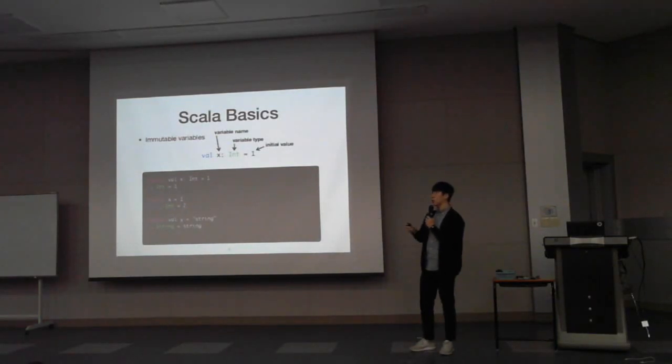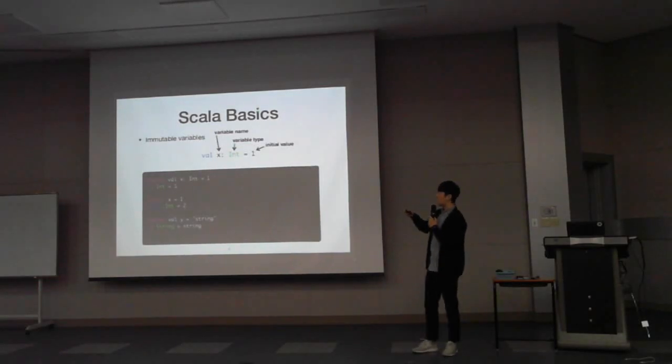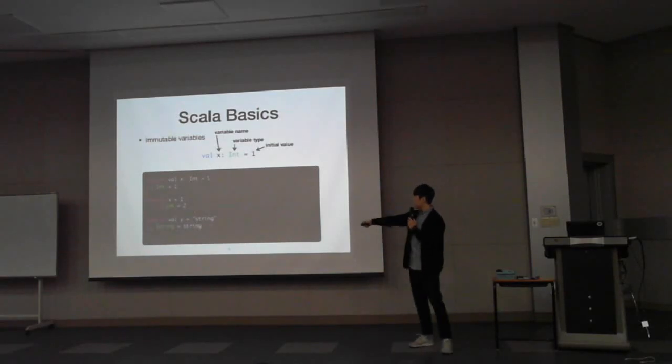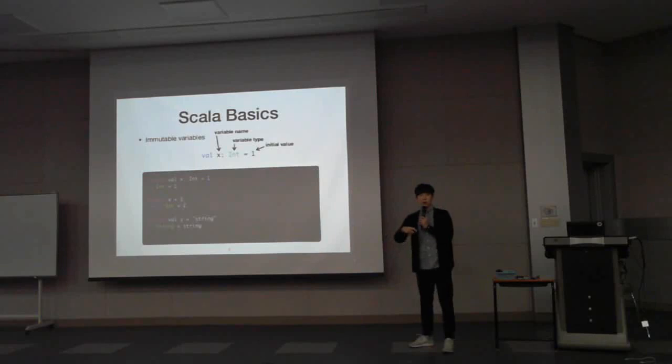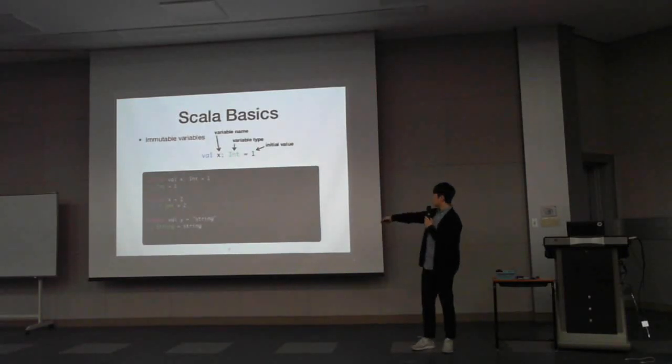And also you can define an immutable variable without an explicit type like this. Then the interpreter or compiler automatically infers its type based on the initial value. In this case, the initial value is a string value, so y's type will automatically be determined as string.